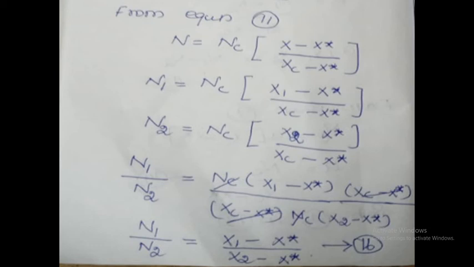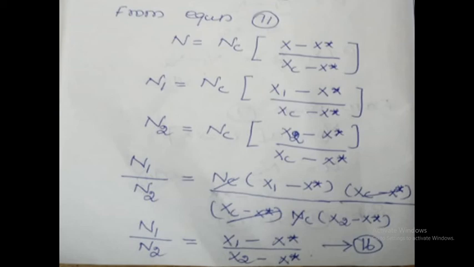For this case, what about the initial rate of drying? N1 is equal to Nc into x1 minus X star by Xc minus X star. What about the final rate of drying? N2 is equal to Nc into x2 minus X star by Xc minus X star. We want N1 by N2, so divide these two values. Finally, after cancelling the terms, N1 by N2 is equal to x1 minus X star by x2 minus X star.